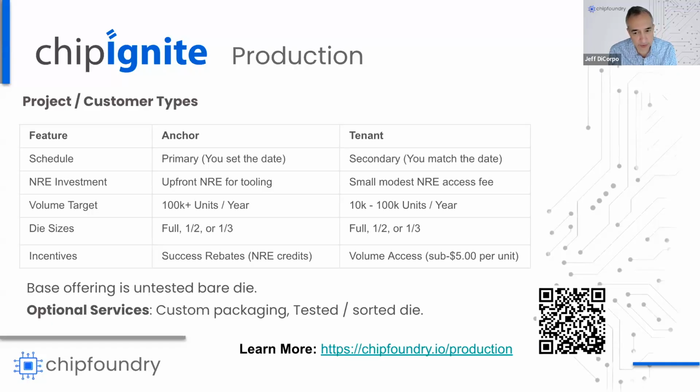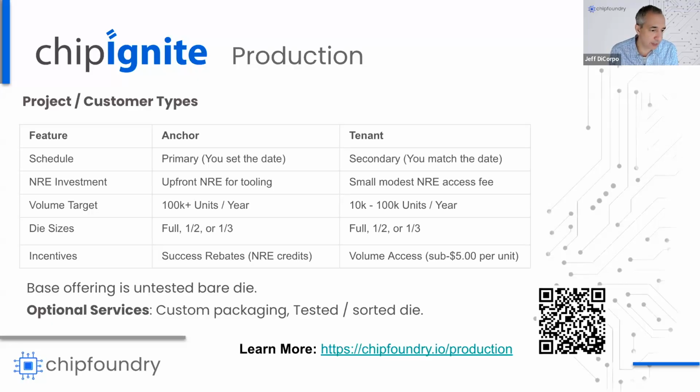Those customers we call tenant customer projects, and those tenant customer projects get access to volume production, but they get to do so at a much lower upfront NRE, a relatively small fraction of what the total tooling costs would typically be to do a production run.